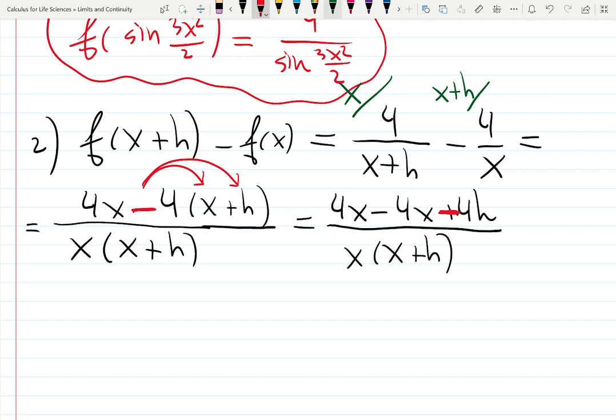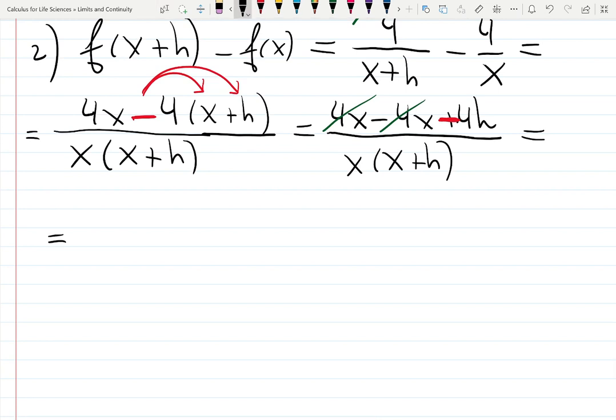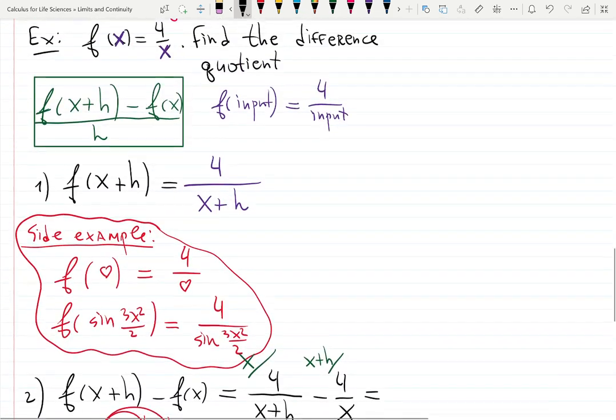And now, at the moment of truth, 4x minus 4x goes away, and you end up having negative 4h, exactly, over x times x plus h, like so. Why are we doing all of this, I don't remember. Who remembers? We're building this formula.